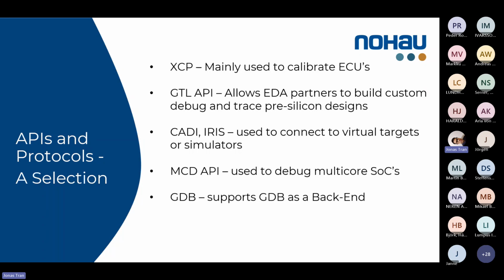CADI and Iris are interfaces used to connect to virtual targets or simulators. I will use CADI to connect to my virtual target later in the demo. The MCD API is used to debug multi-core systems on a chip. And TRACE32 Frontend also has support for GDB as backend.